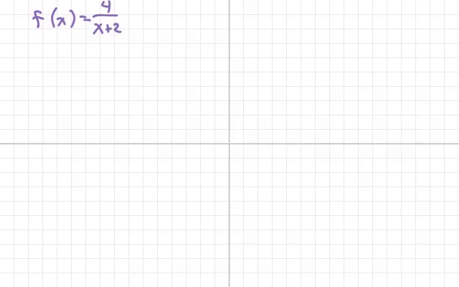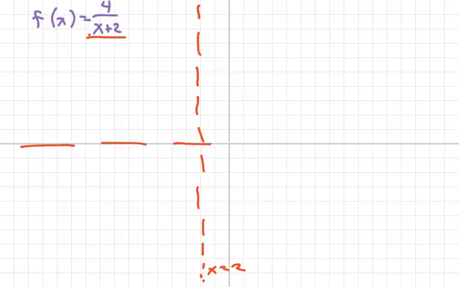I find the easiest way to graph these is to notice that we're going to have a vertical asymptote at x equals -2, and I'm going to draw that. We also have a horizontal asymptote at y equals 0 because the degree in the numerator is less than the degree in the denominator.